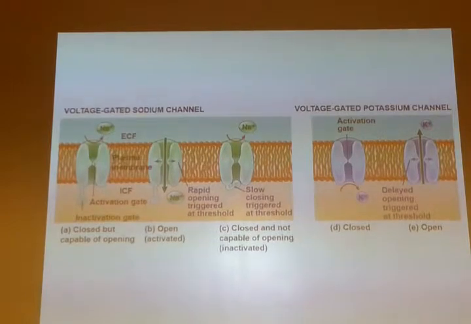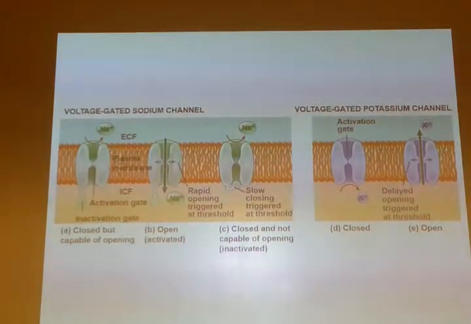When you get enough positive charge arriving at the trigger zone, you get the sodium channels to open. When sodium comes in and diffuses to the next region, then you get the sodium channels opening in that region.